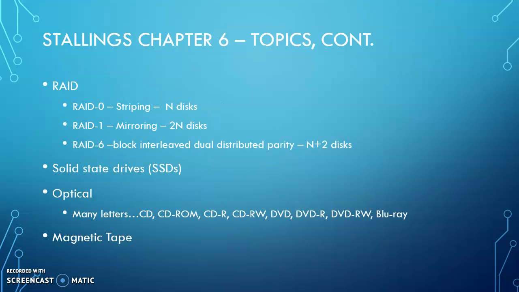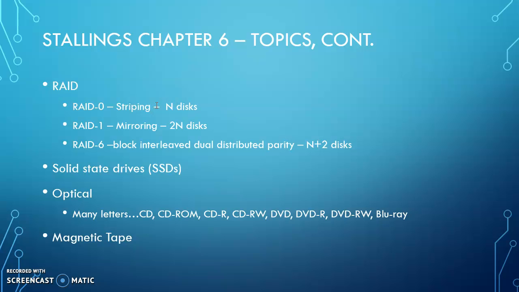In RAID, R-A-I-D, redundant array of independent disks, we'll look at how they first began with striping and the idea that we could use multiple drives and make it logically look as if it's a larger drive.